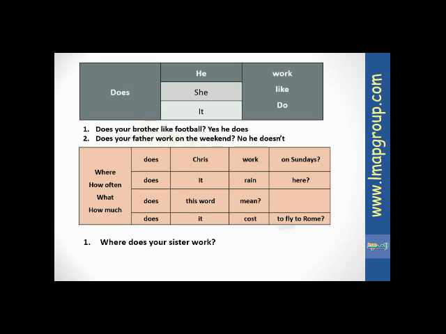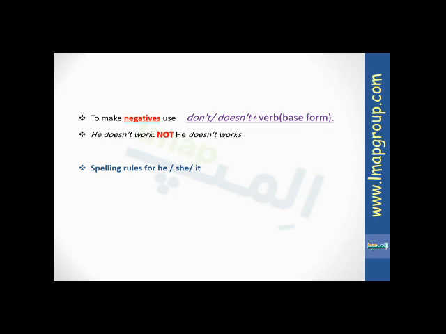For example, where does your sister work؟ خواهرت کجا کار میکنه؟ What time does your brother get up؟ برادرت چه ساعتی بیدار میشه؟ Okay. To make negative, use don't or doesn't plus verb, base form of the verb. Okay? برای اینکه منفی کنید don't یا doesn't به اضافه شکل ساده فعل، یعنی اس سوم شخص نباید داشته باشه.